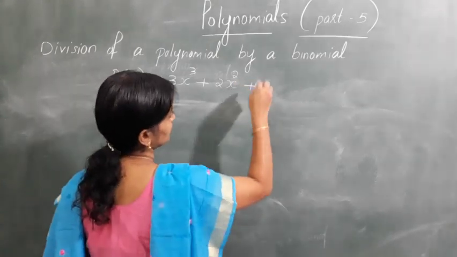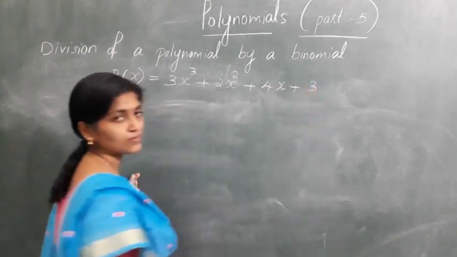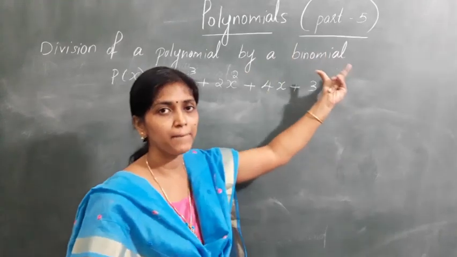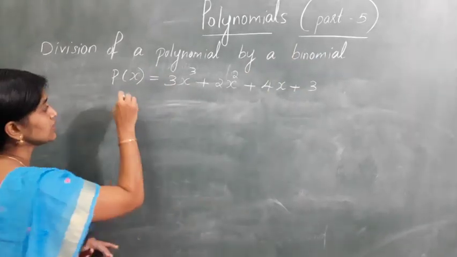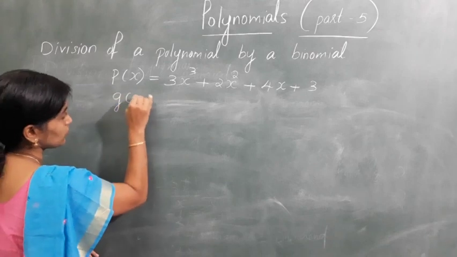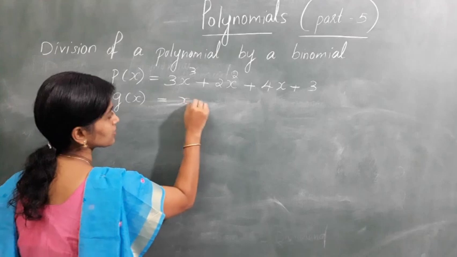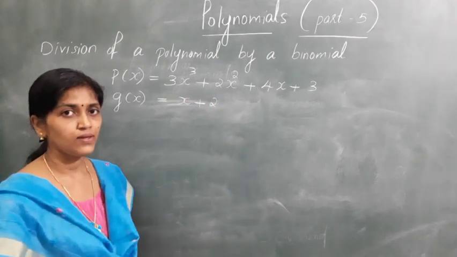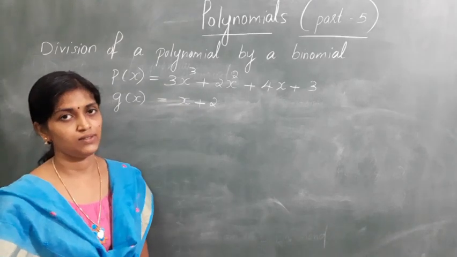That is division of a polynomial by a binomial. Binomial division, divisor we denote as g of x. We will take g of x is equal to x plus 2. Okay. So this is our dividend, this is our divisor.